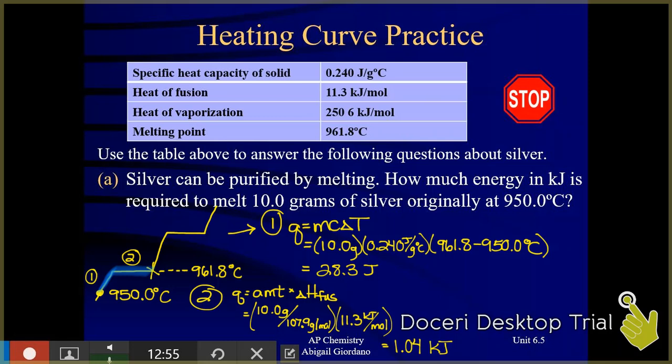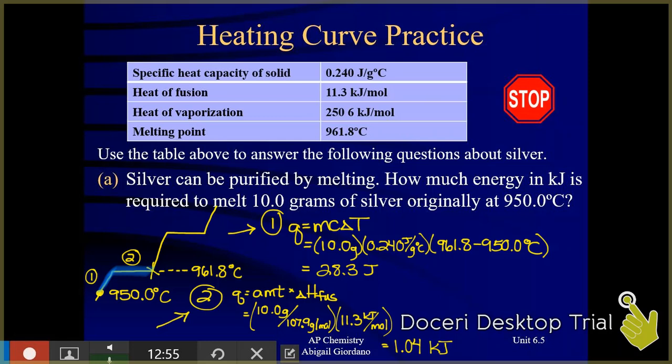But that's not where the problem ends. Then I had to actually take it through the process of melting. That's step 2. So here I am, step 2. On the going through phase changes, you don't use MCAT. We used amount times the heat of fusion.